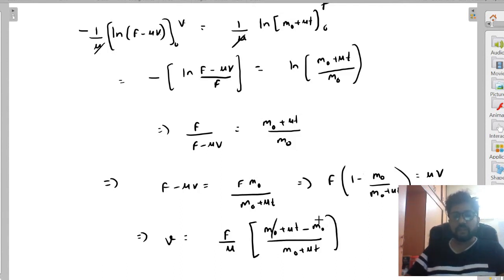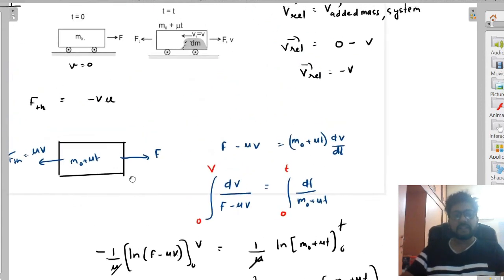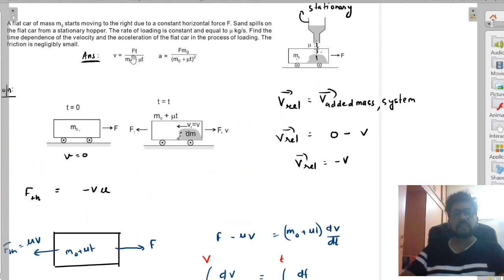Here m naught gets cancelled out, mu will get cancelled out. So you will get the velocity is F t upon m naught plus mu t. You can see I have written the answer here. Velocity comes out to be F t upon m naught plus mu t.